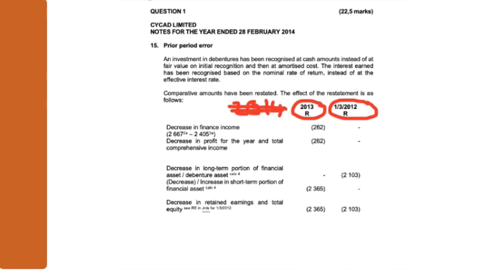Prior period is about financial statements of prior periods that were already issued, that the users of your financial statements have already seen, and now you realize that there was a mistake in those prior periods. That is what a prior period error note is about.